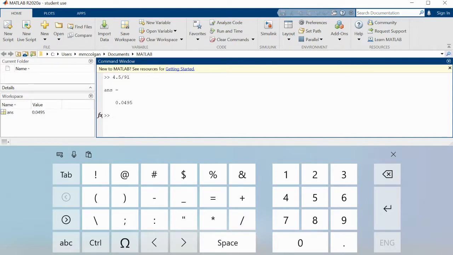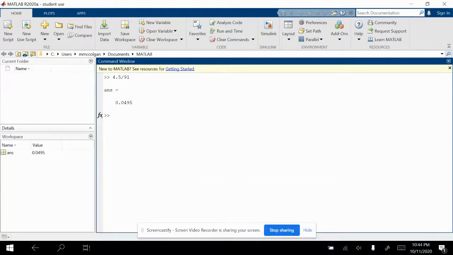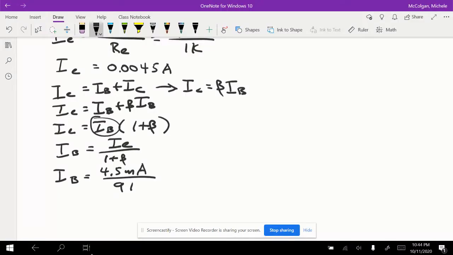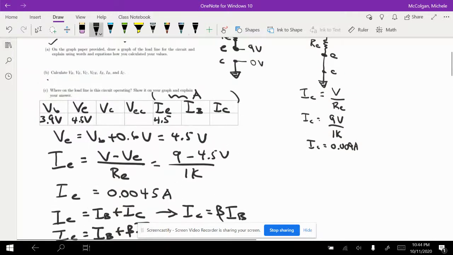That's 0.0495. So IB is equal to 0.0495 milliamps. Put that in my table.